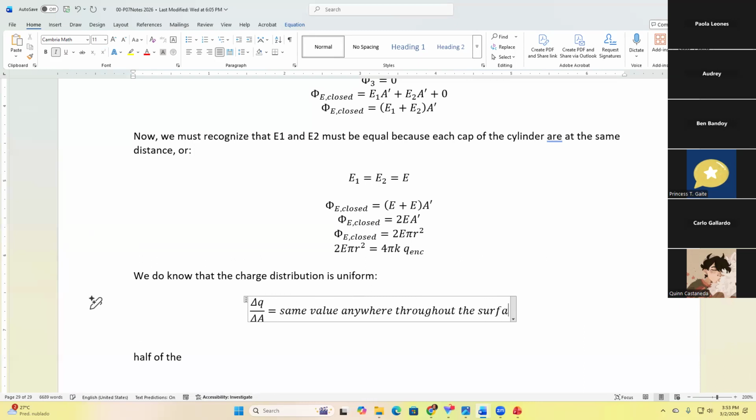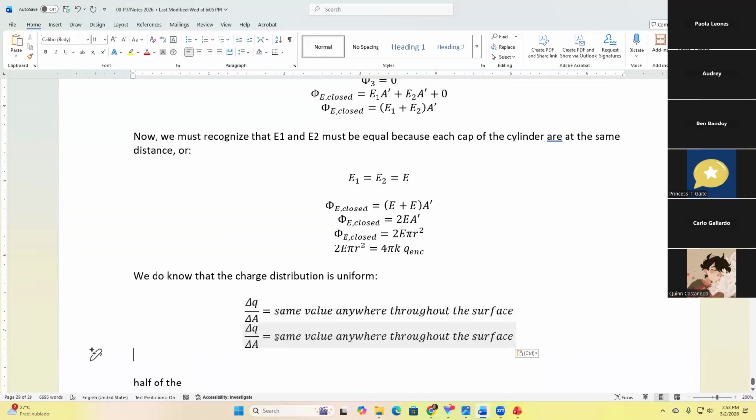That's what it means. So it also means that since the plate has a net charge Q and a net area A, delta Q over delta A is going to be Q over A as well.